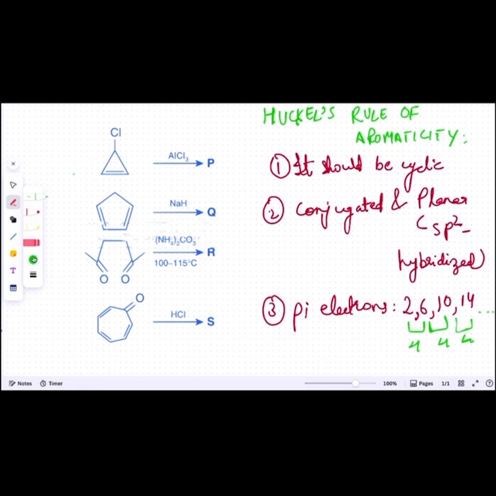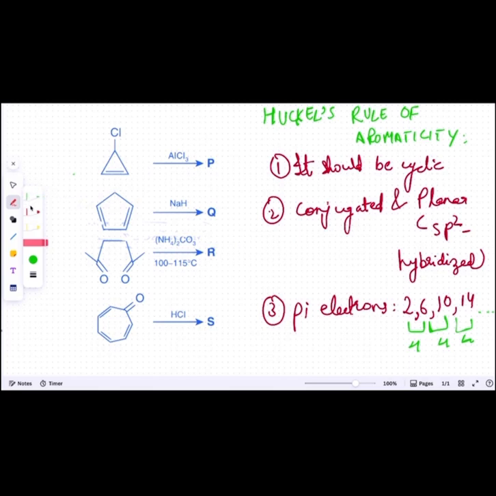Conjugated means there are three possibilities: either alternate double bonds are there, or lone pairs are there, or any charge, positive or negative, is there. Also, before starting this question, I want to let you know that whenever you get a positive charge on the ring, you count that as 0 electrons.